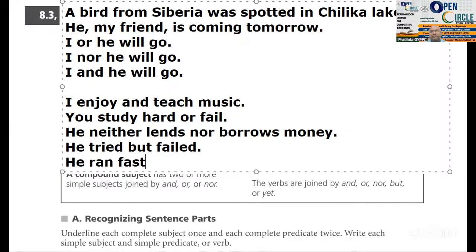He ran fast, yet lost the race. He ran fast, yet lost the race. Are you able to understand right now? So these are the examples of compound predicates.